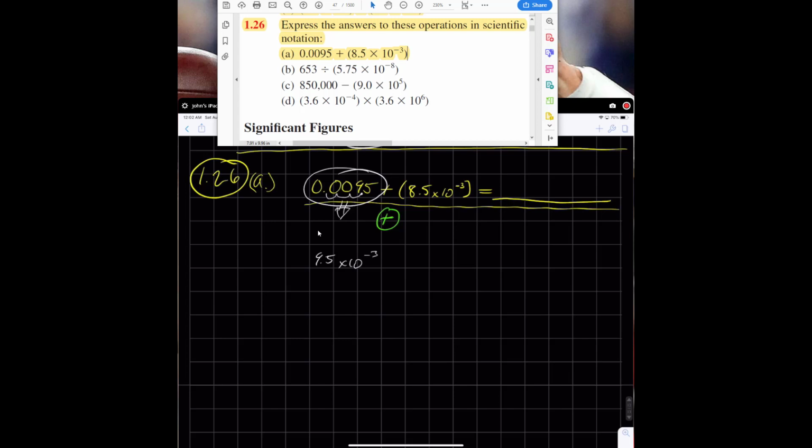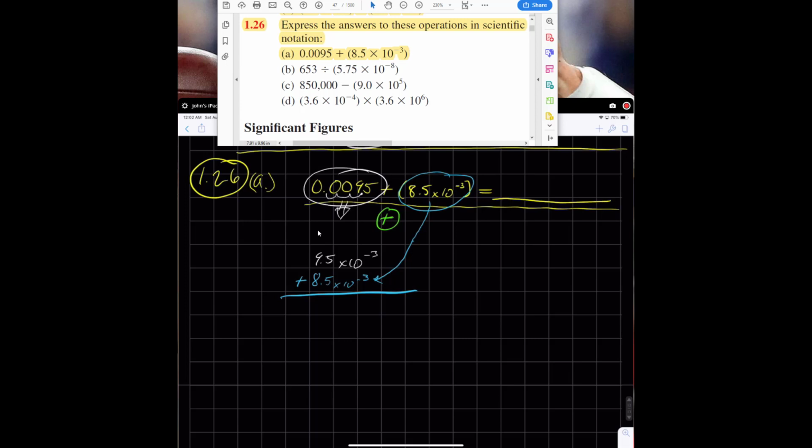Because we had our original number and we went to the right, we're assigning the value of the exponent negative 3. Now we can go ahead and just bring this number along, 8.5 times 10 to the third. We can just bring it over here and add it, 8.5 times 10 to the negative 3.